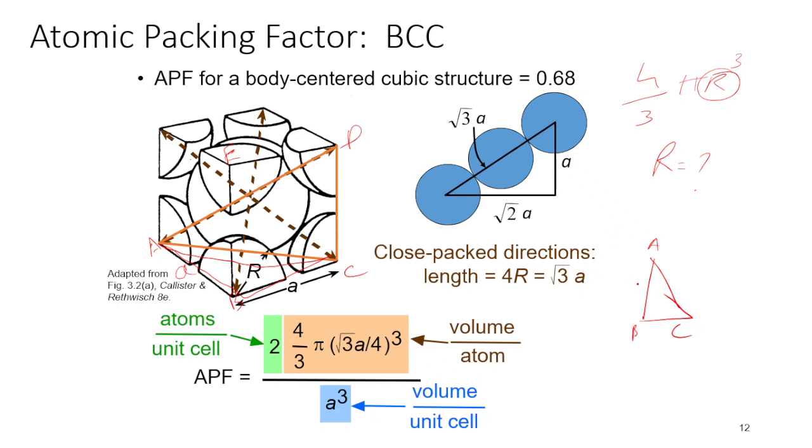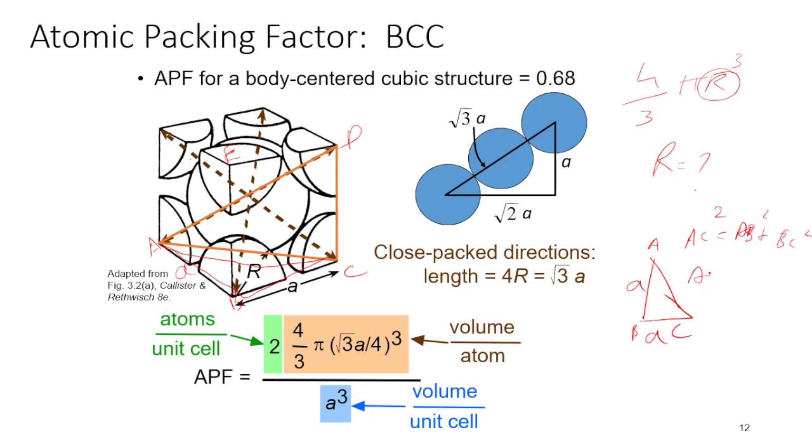So AB is a, BC is also a, and then we know the old Pythagoras theorem, right? So AC square is equal to AB square plus BC square.